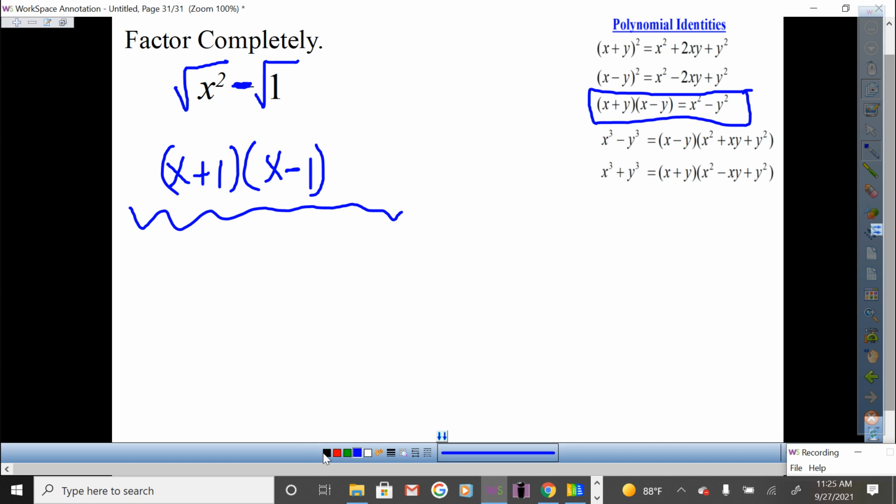Do another one. X squared minus 9. How would we write that? Tell your neighbor, how would you write that?